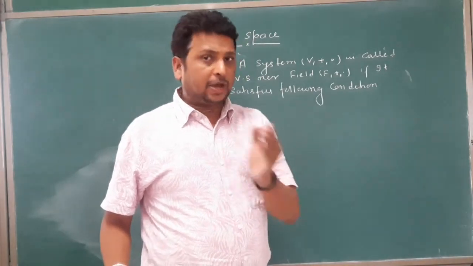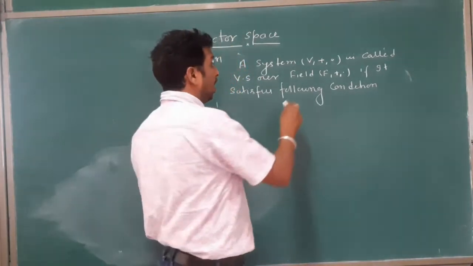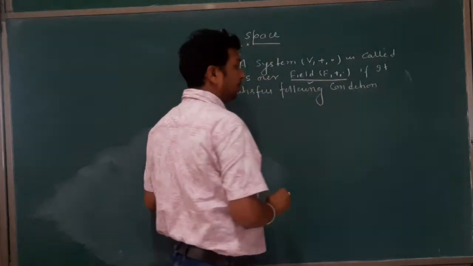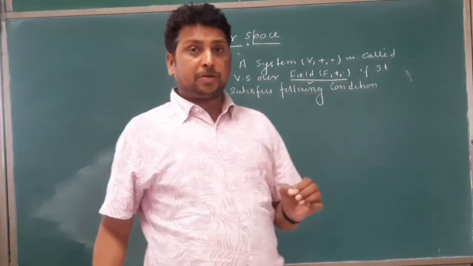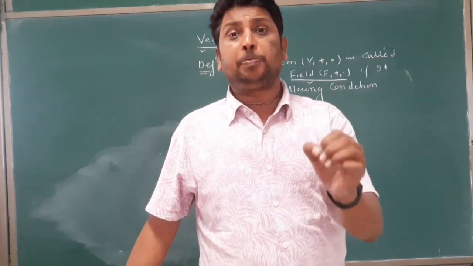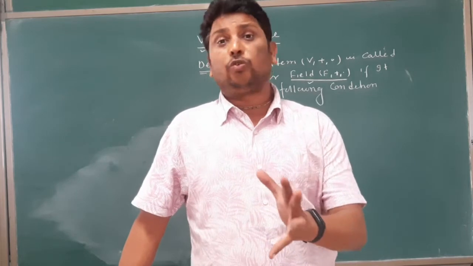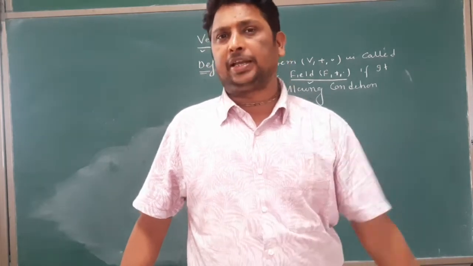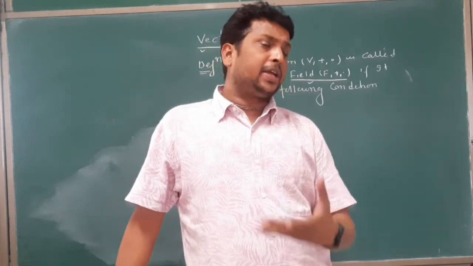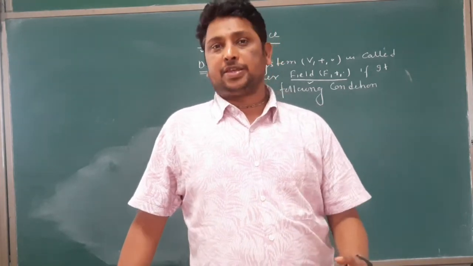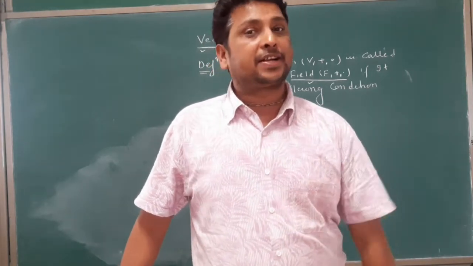I will explain that later. And we require a field. Field means a system which has multiplicative inverse. If you want to know about field, I will explain later. But here you take it as a set of scalars, from where scalars come.